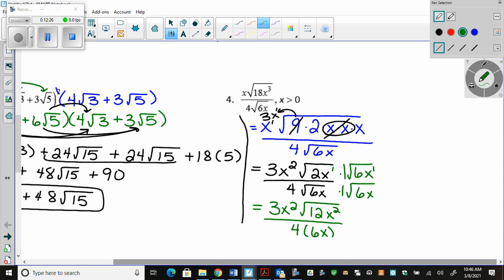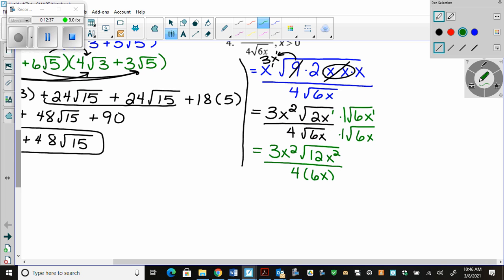Now how do I know when I'm supposed to stop? Well, you stop once your radicals are reduced as much as you can, and there's nothing else you can cancel on top and bottom in the front coefficients. So I know that 12 I can break down into 4 and 3. And then x squared is just x and x over 24.